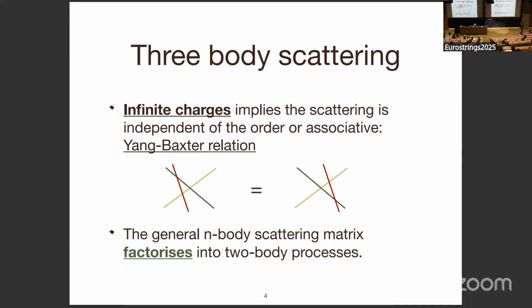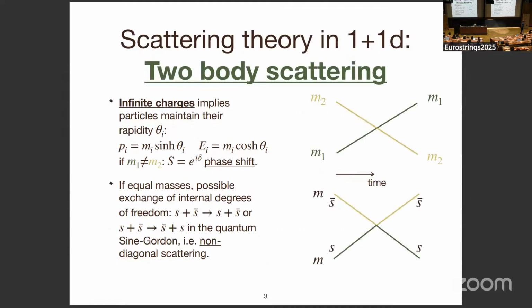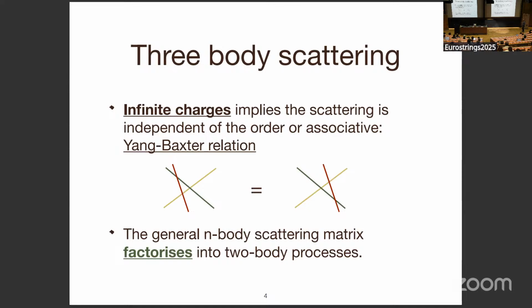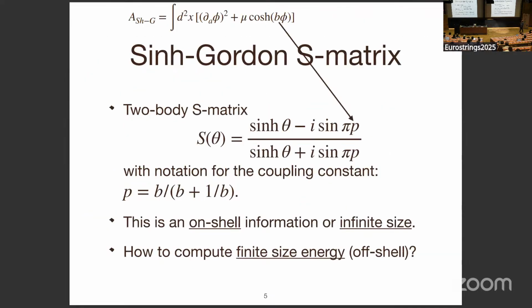It tells us that the order of the scattering doesn't matter, so the n-body scattering process miraculously factorizes into 2-body processes. Of course, I was probably a little too quick: you can have diagonal processes and also non-diagonal processes, both not trivial.